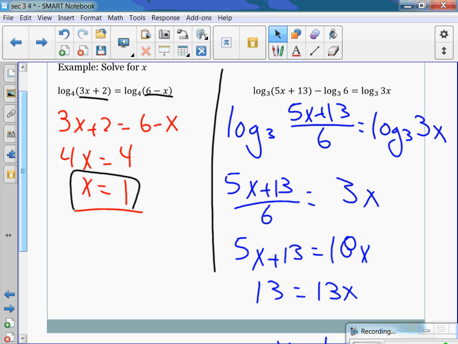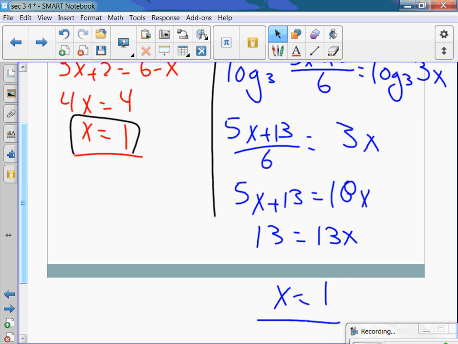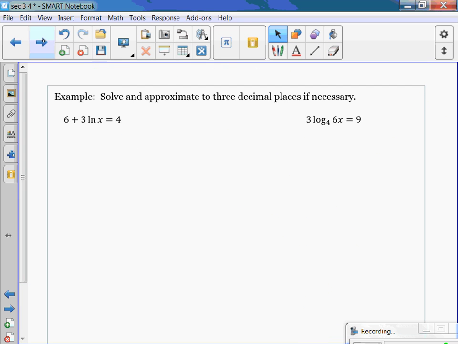Solving these. 6 plus 3 times the natural log of x equals 4. Cool. What should we do starting off? Okay, we want to isolate x, so first we subtract the 6. So I get 3 times the natural log of x equals negative 2.